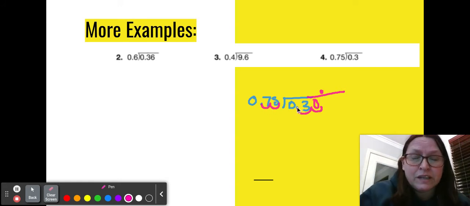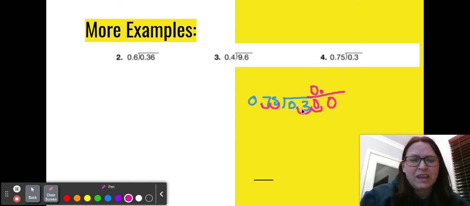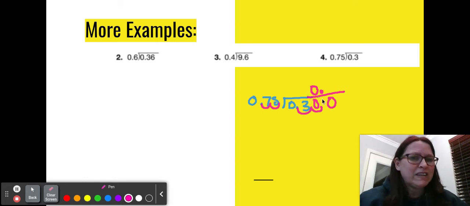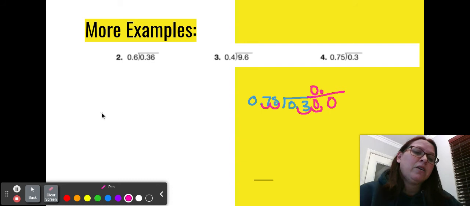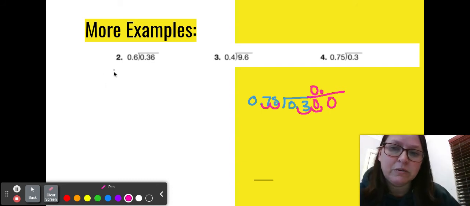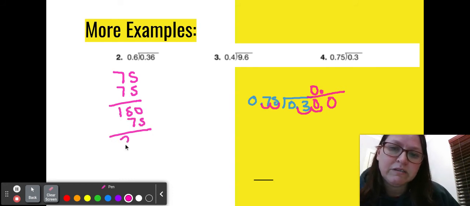Now, 75 does not go into 30. 30 is a lot smaller than that. So I need to put a 0 right here, and I need to add another 0. How many times does 75 go into 300? This is one that I know the mental math, and so I'm able to do 75 times 4. But I'm really going to do 75 plus 75, which gives me 150 plus 75, which gives me 225 plus 75, which gives me 300.